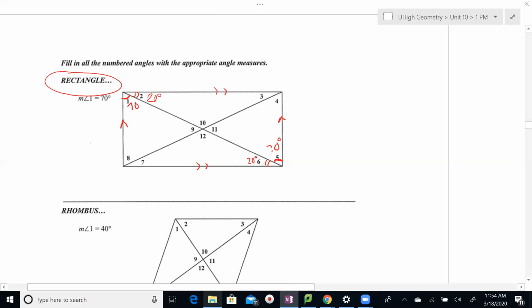So I know in a parallelogram that opposite sides are congruent, opposite angles are congruent, consecutive angles are supplementary, and the diagonals bisect each other. And then to add into that, with a rectangle, we know the diagonals are congruent.